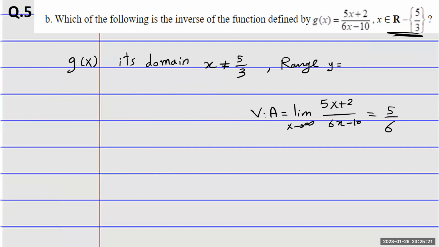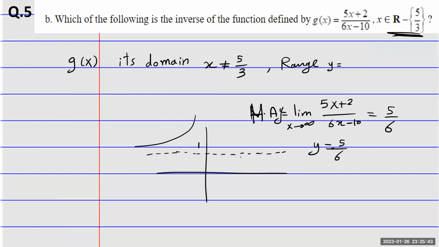So, I'm sorry, I'm talking about the horizontal asymptote: y equals 5 over 6. When you graph the function, at 5 over 6 the function never cuts this line. The two branches may be here and here.